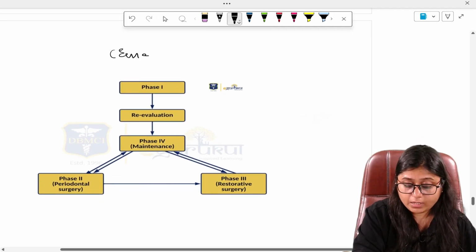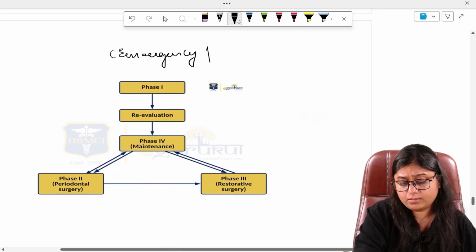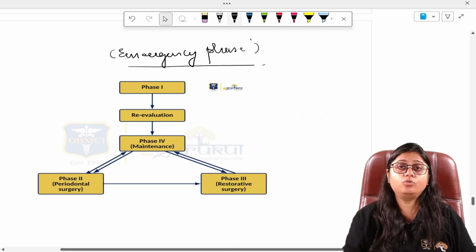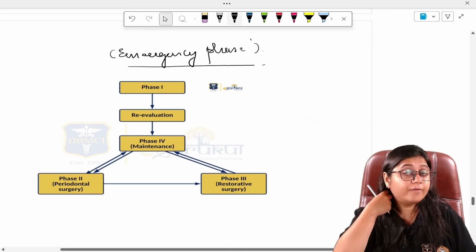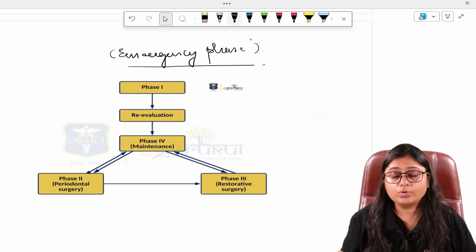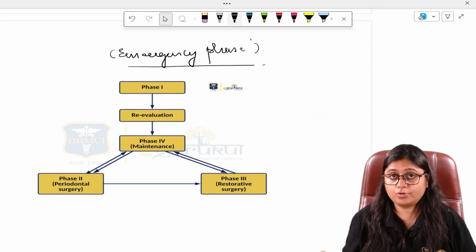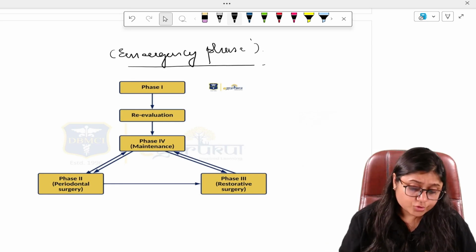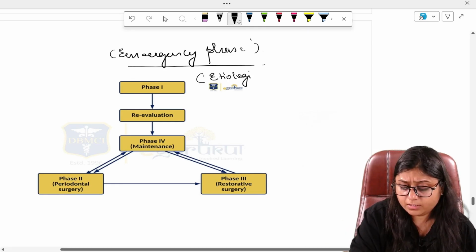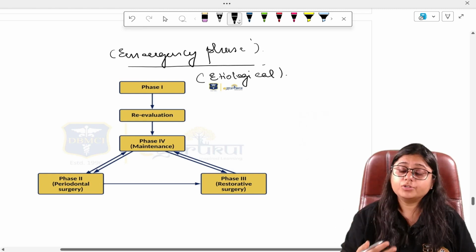If a patient comes with severe pain in any tooth, we have to treat that emergency first. We have to relieve the pain of the patient, and only then move towards the etiology. So the first phase is the etiological phase, where we treat the etiology of the disease.